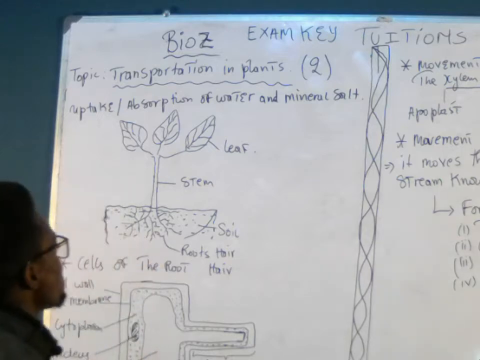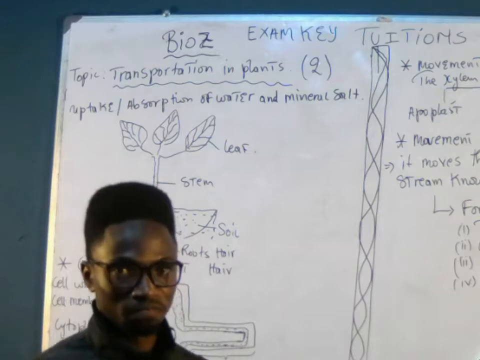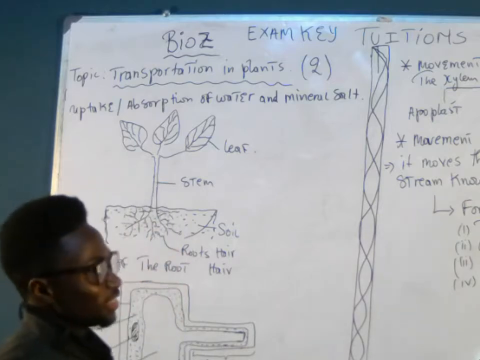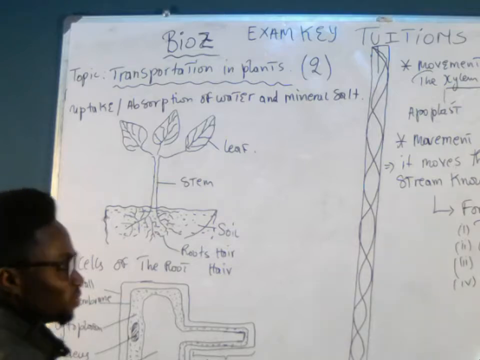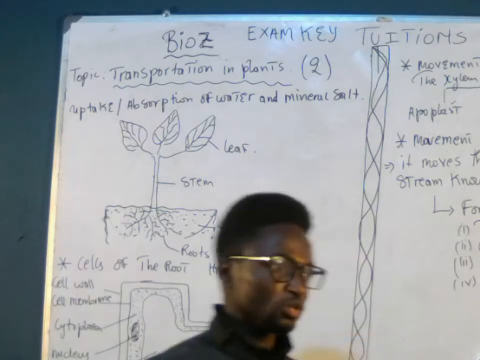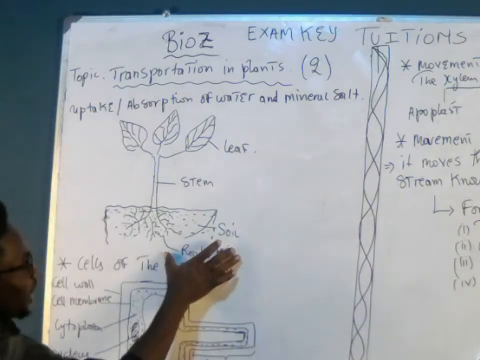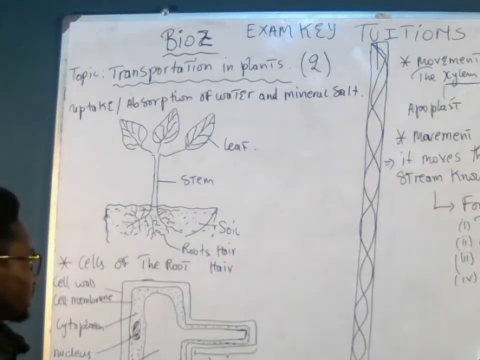Last time we discussed the phloem and the xylem. We said that xylem is responsible for transportation of water and dissolved minerals from the roots up to the leaves, where photosynthesis takes place.